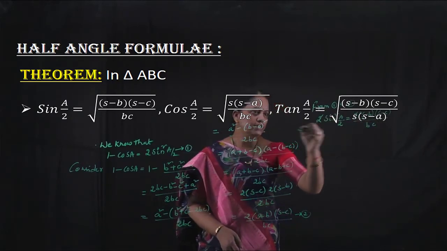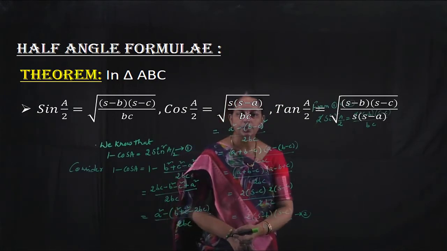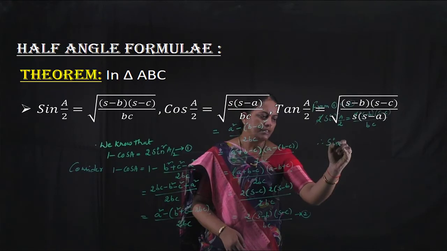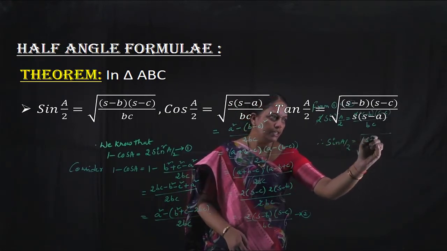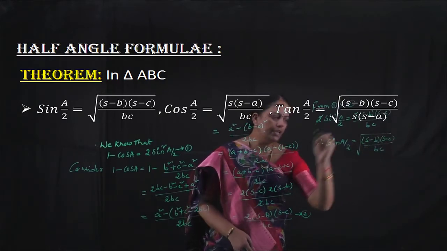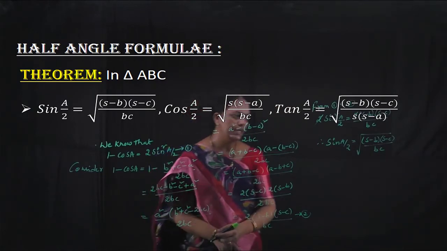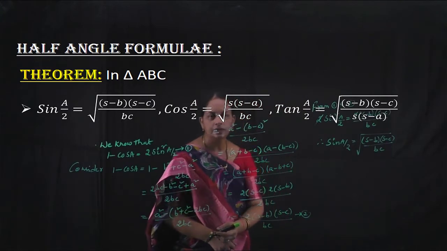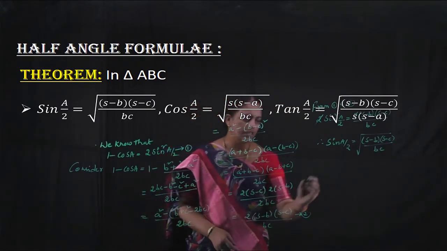Here 2 gets cancelled. Sin square A/2 equals (s minus b)(s minus c) by bc. Therefore, sin A/2 is equal to the root of (s minus b)(s minus c) by bc. Similarly, we can prove cos A/2 equals the root of s(s minus a) by bc.